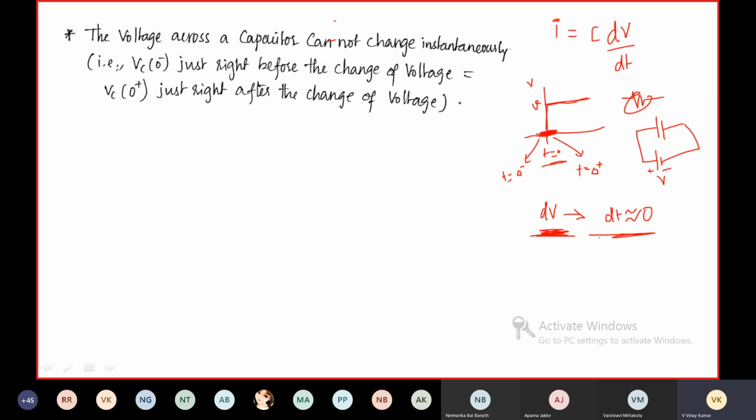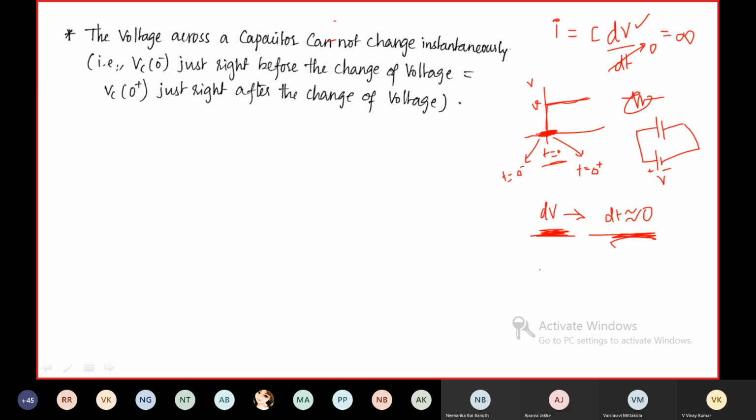You have to get a change in voltage within zero time. Within zero time means dt becomes zero, then current becomes infinity. So you have to pass an infinite amount of current to the capacitor, then only the voltage across the capacitor can change instantaneously.